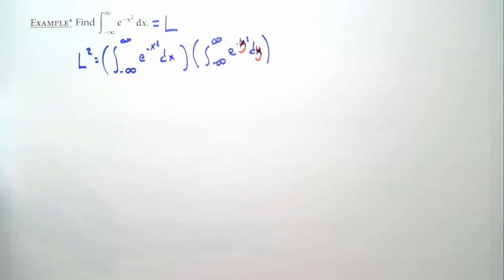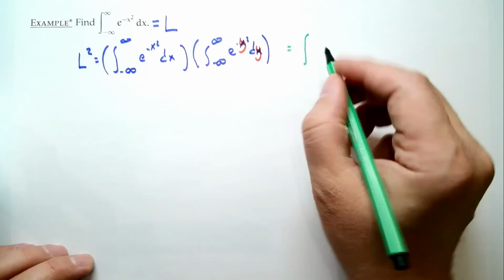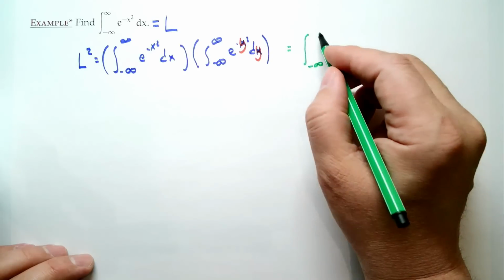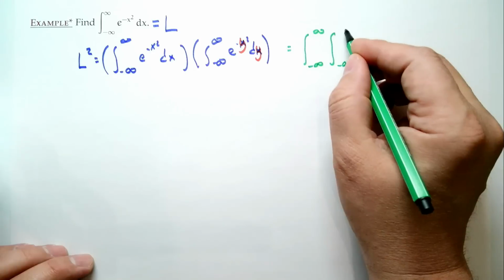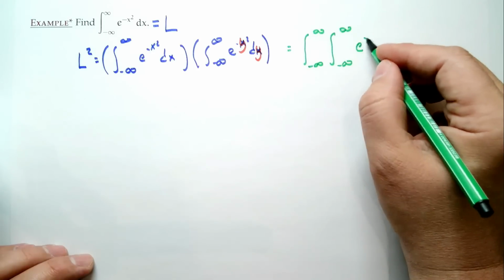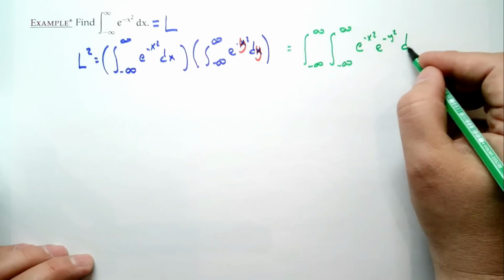So now that we have different variable names, smushing our two integrals together, we get a single integral, negative infinity to infinity, integral negative infinity to infinity, of e to the negative x squared, e to the negative y squared, dx dy.